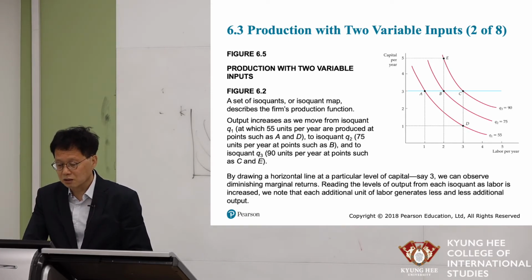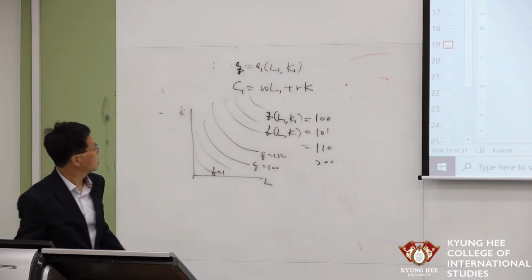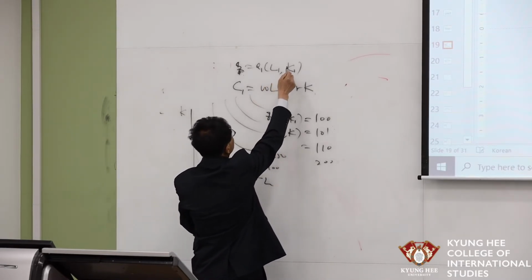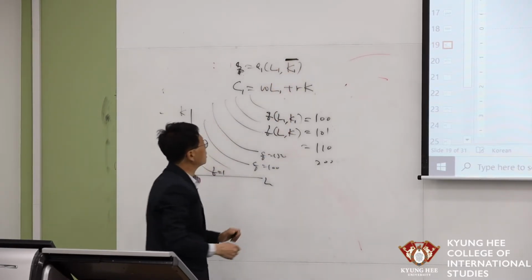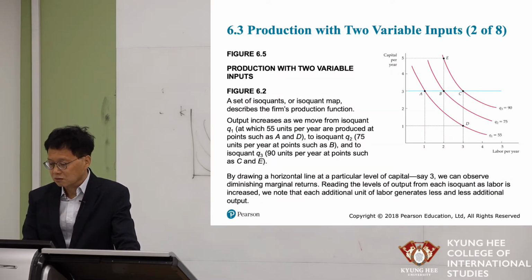By drawing a horizontal line at a particular level of capital, K star, for example 3, like this, we can observe diminishing marginal returns, right? In the graph shown, production is a function of labor and capital. The capital stock is a constant number, fixed at 3 ovens, right?